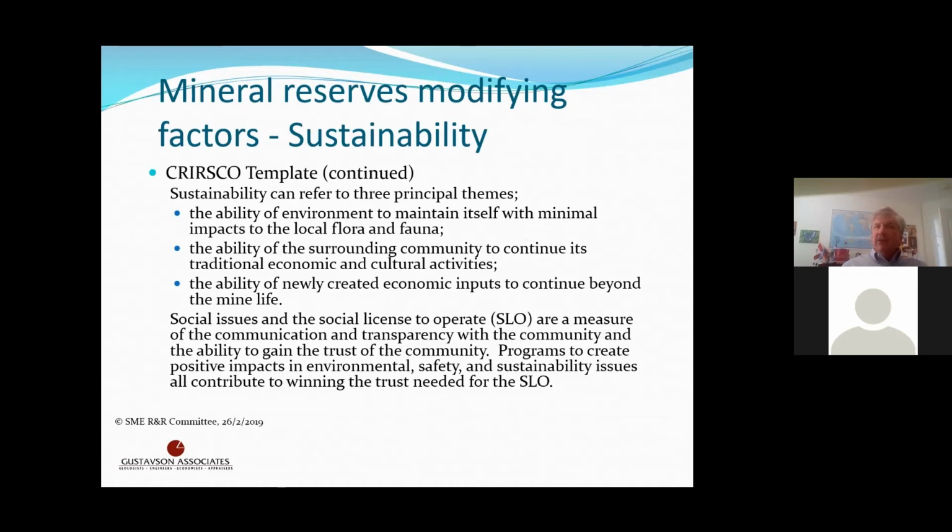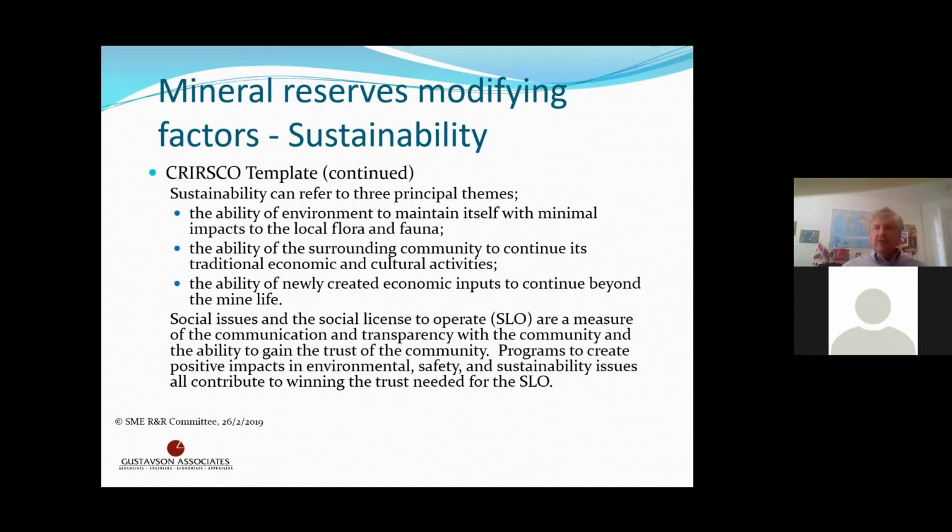Can the surrounding community continue its traditional economic and cultural activities? And is there an ability for newly created economic inputs to continue beyond the mine life? Can we set up local businesses? Can we help the people to develop themselves in such a way that their newly acquired standard of living from the mine might continue?